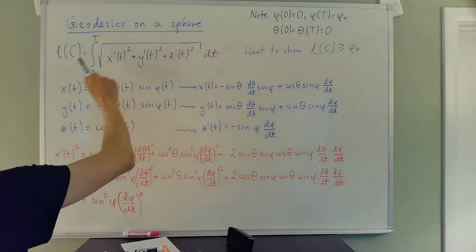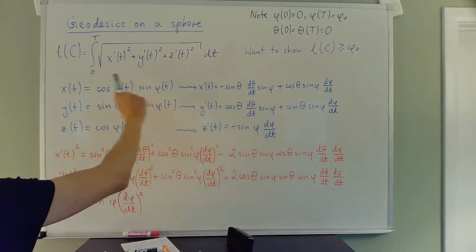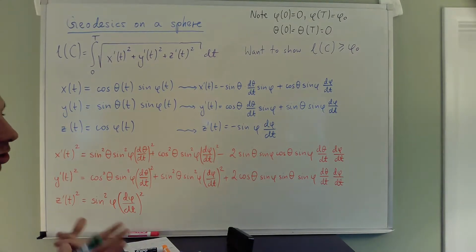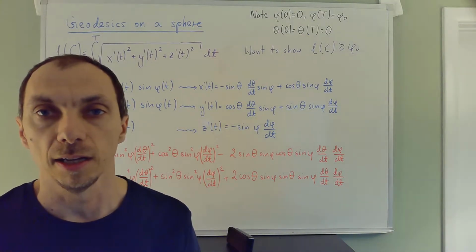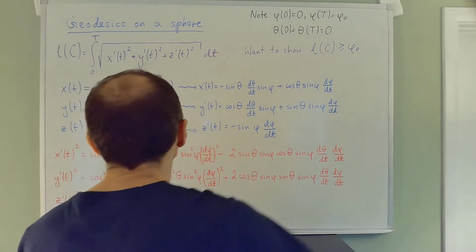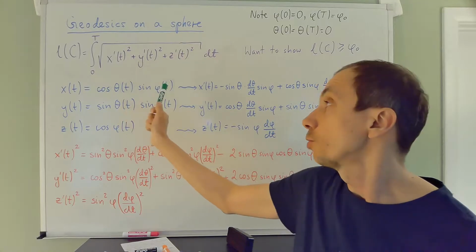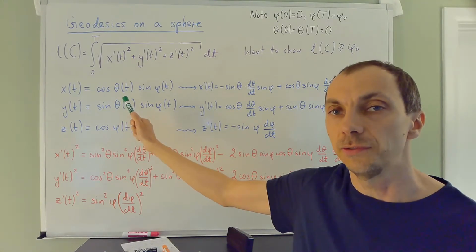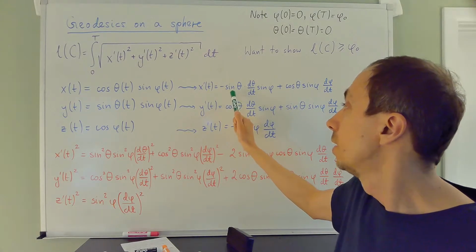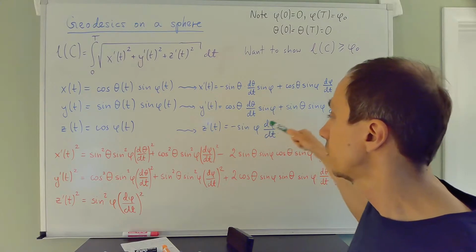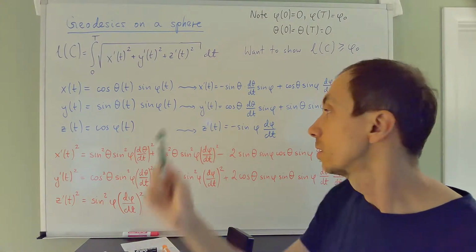Okay, so to carry out this computation with these coordinates, I need these derivatives. All right, and that's just simple calculus. That's essentially a combination of chain rule and product rule here. So I have a product of two functions, cosine and sine. So the derivative of the first function, that's going to be negative sine. See, I'm dropping the dependence on t from all these to just make these formulas a little bit more transparent.